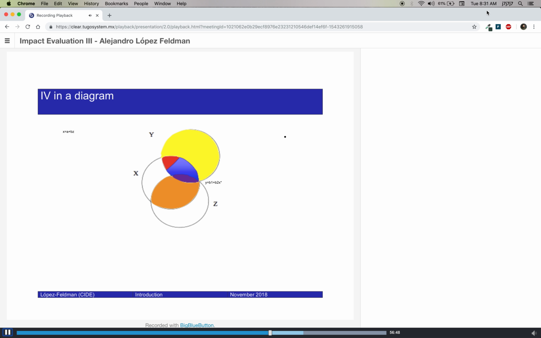So what happens in this case? Well, I had a problem when I was using x to explain y. And I had this problem because I was including this red area, and I was making a mistake because this area was correlated to the error.